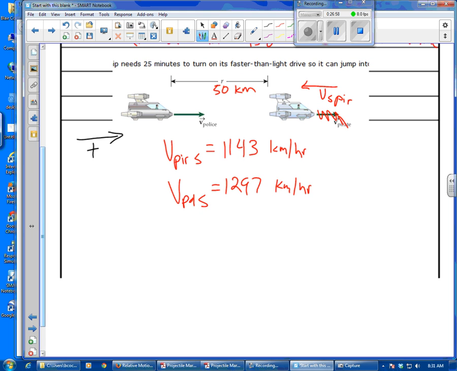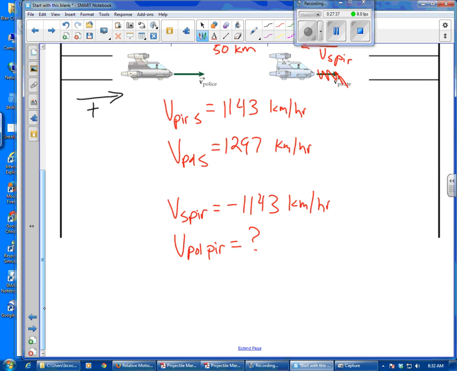Since we're in the frame of reference of the pirate, we need the velocity of space to the pirate, which would be negative 1143 kilometers an hour, because if velocity is, we can swap that around, but it's got to change the direction. But now we need to find the velocity of the police to the pirates. We need that in that frame of reference.